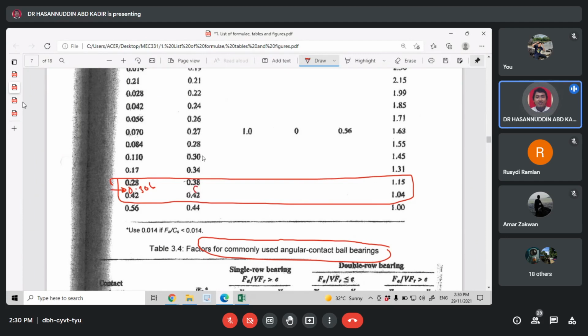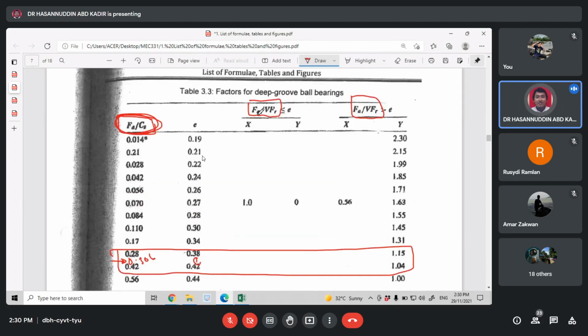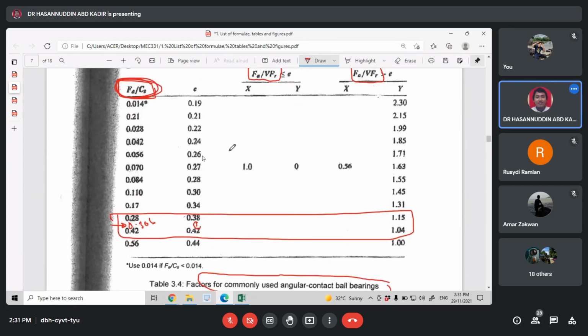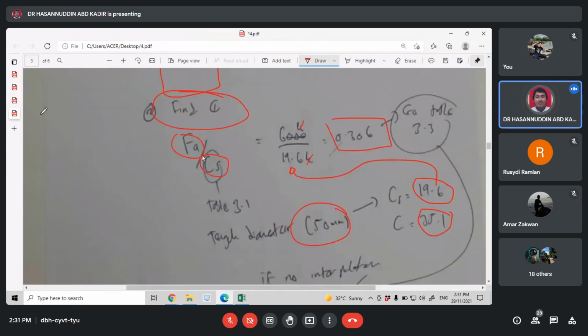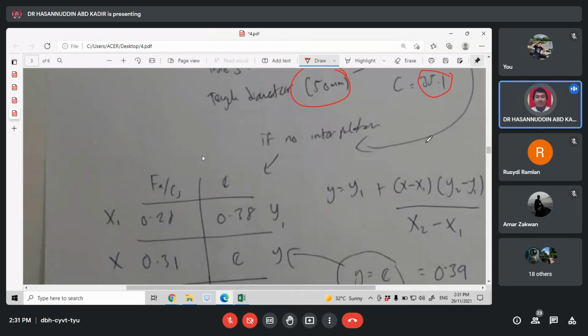We need to find the value of E before we can compare with this condition, and then we will see which section to choose. The value of E is found by interpolation, as I mentioned yesterday.